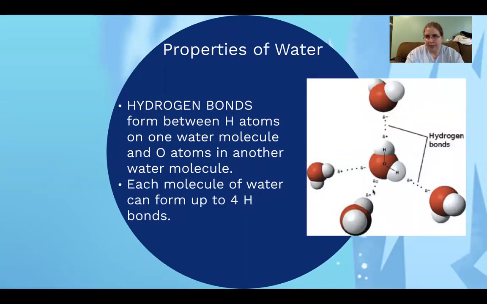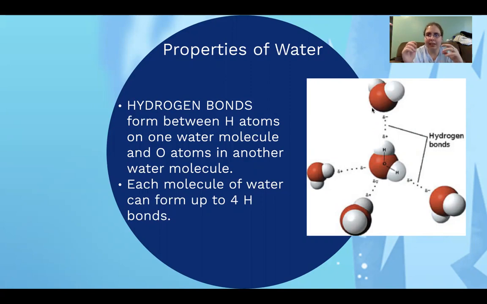So this is kind of like some of what I was drawing in the van der Waals forces video and what I've tried to show you before. We have the partial positive on the hydrogen being attracted to the partial negative on the oxygen, and these are from two completely separate water molecules.